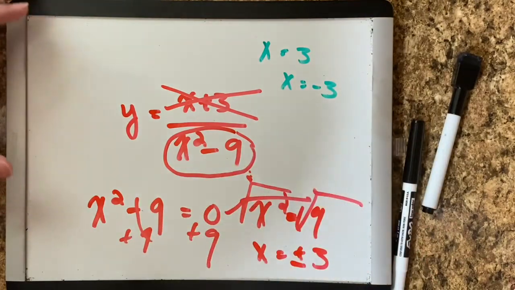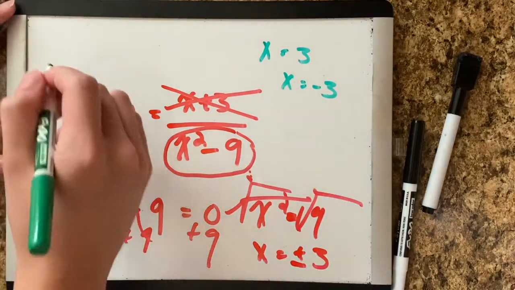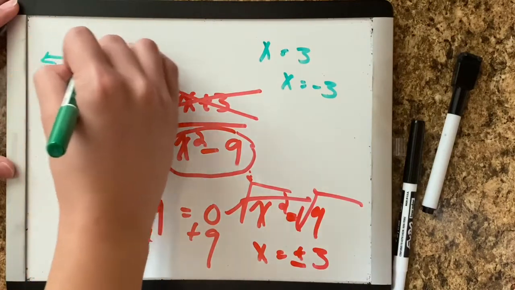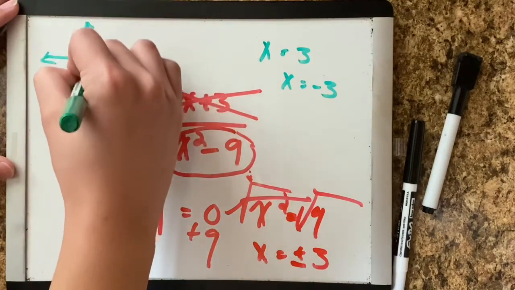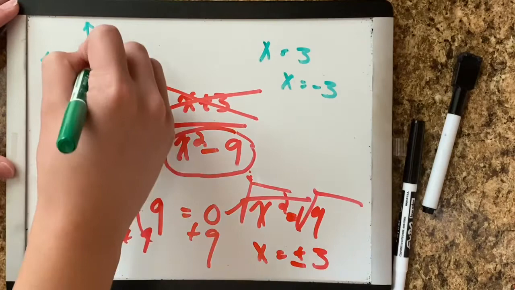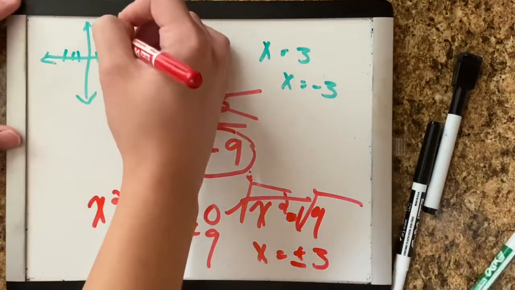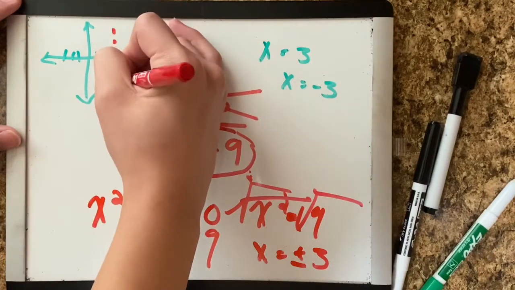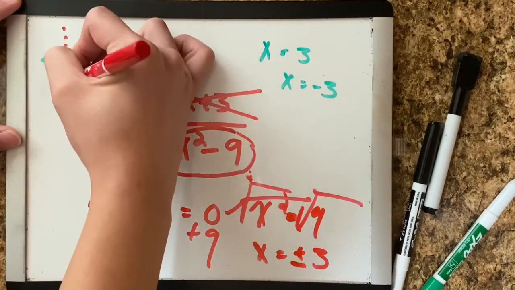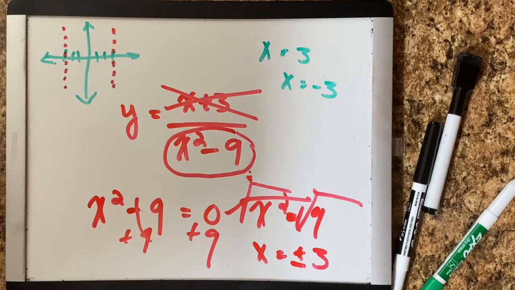Let's see that on a graph. Let me use the red marker. So these will be your asymptotes.